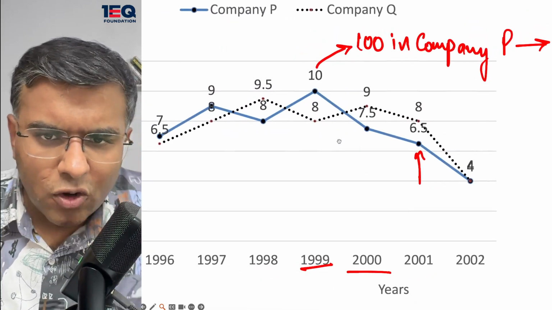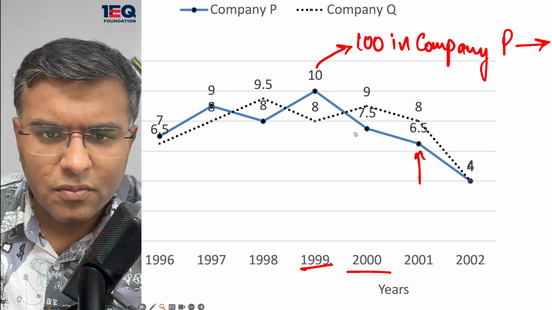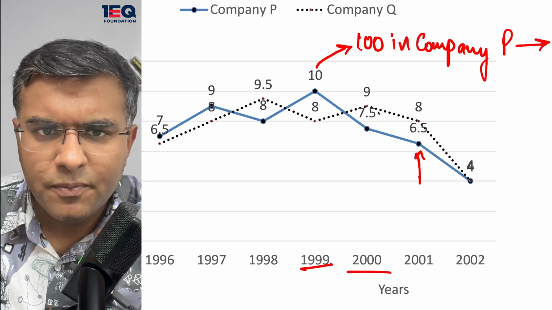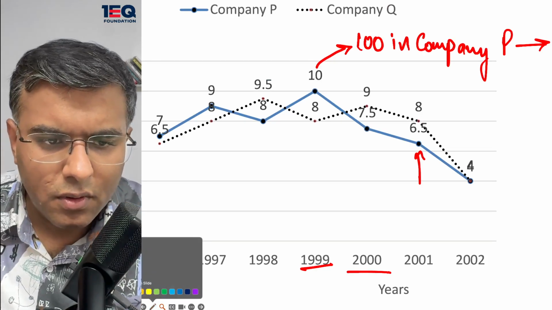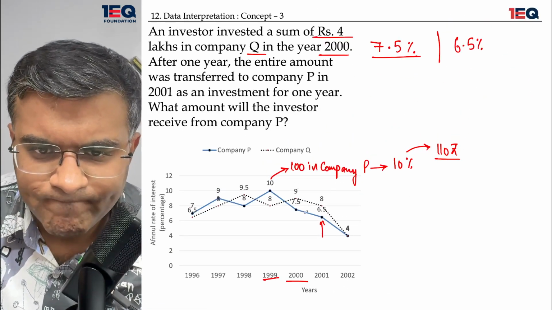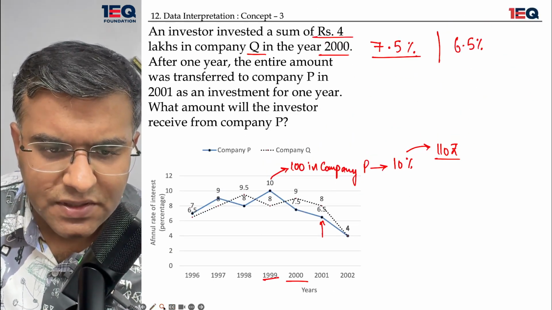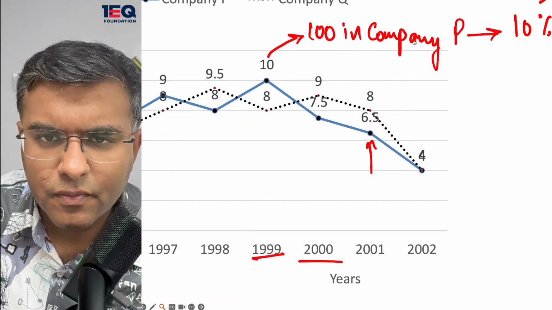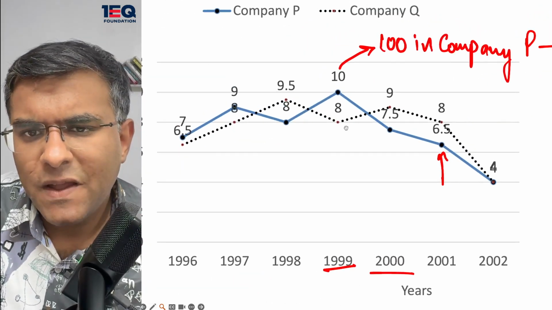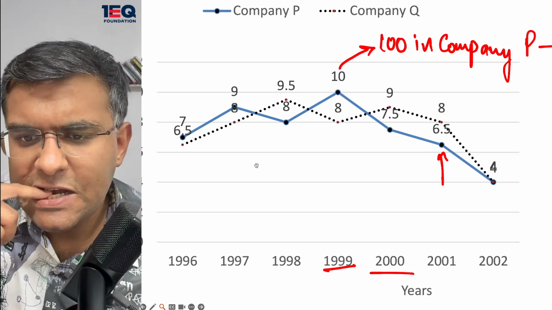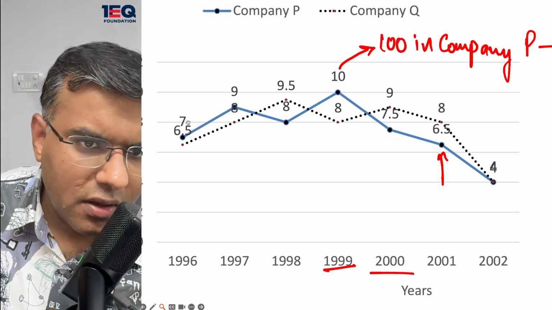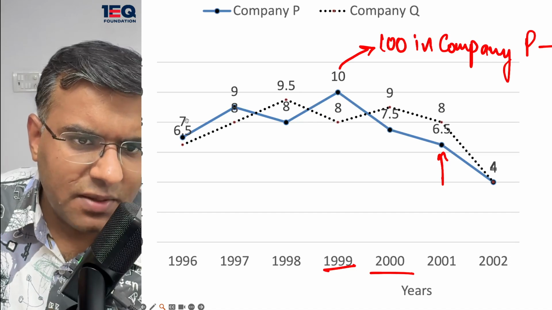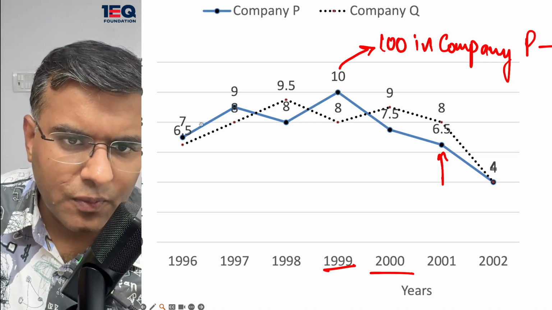I hope it's visible to all of you. Let me see it a little more closely. Here I can see that there is 7% above and 6.5% below.